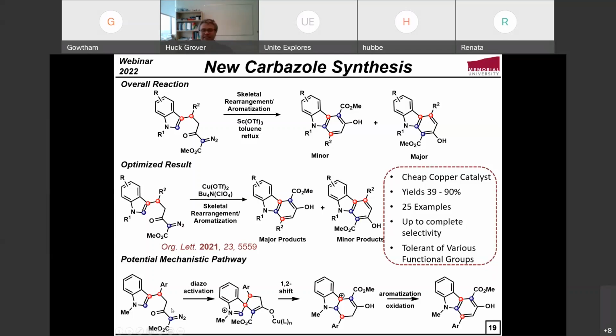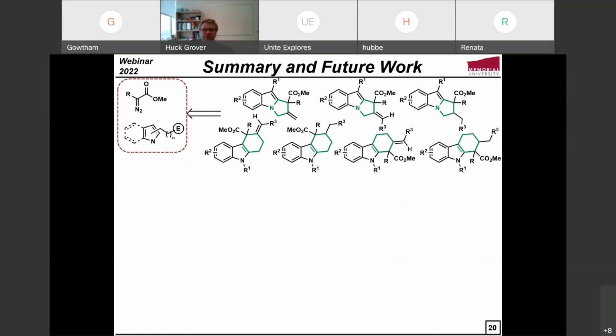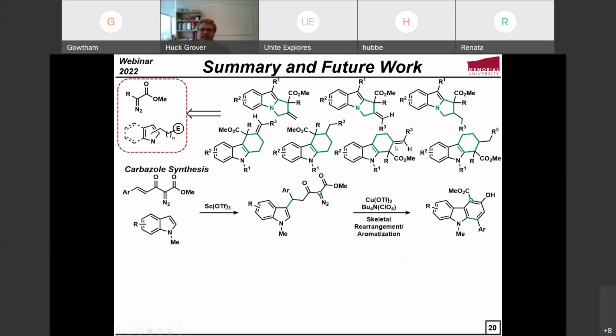Mechanistically, it's proposed to rearrange through this 1,2 shift where the indole can activate at the carbon number 3 position with the diazo carbon, and we can generate a whole series of useful rearranged carbazole scaffolds. With that, hopefully I've shown you that we can develop some interesting chemistry utilizing heteroaromatics and indoles through CH bond insertion and annulation type chemistry.